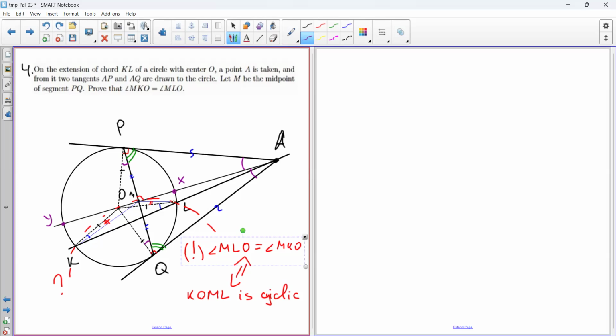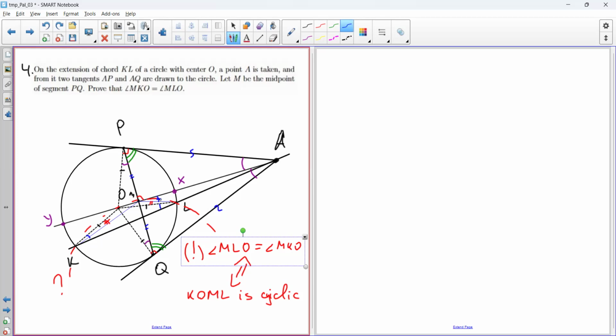But also, speaking of proving that these 4 points are cyclic or belong to the same circle, I can notice that these blue angles, which I drew previously, may be of some use here, because I can express the property of the 4 points being cyclic as this angle AML, the external angle at M, being equal to this angle, right?